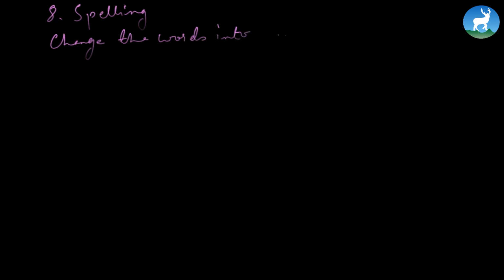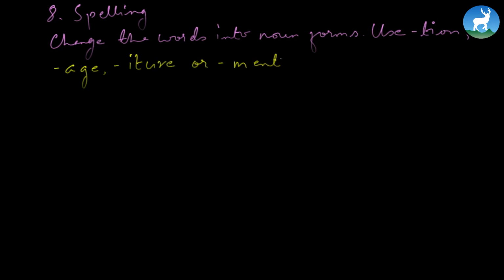Now let's move ahead. Now number 8, it's spelling. Change the words into noun forms. Use tion, age, ture or ment.